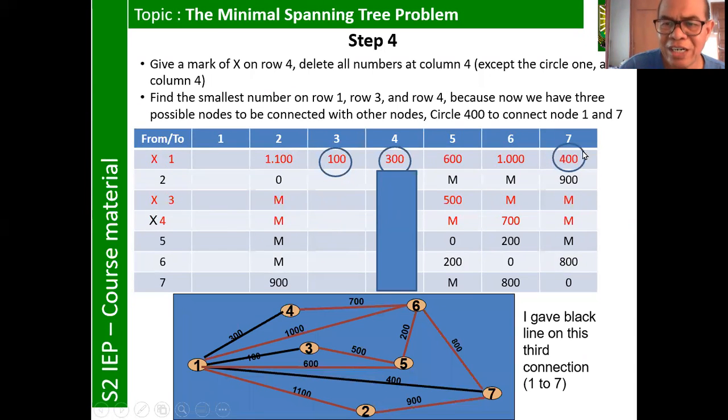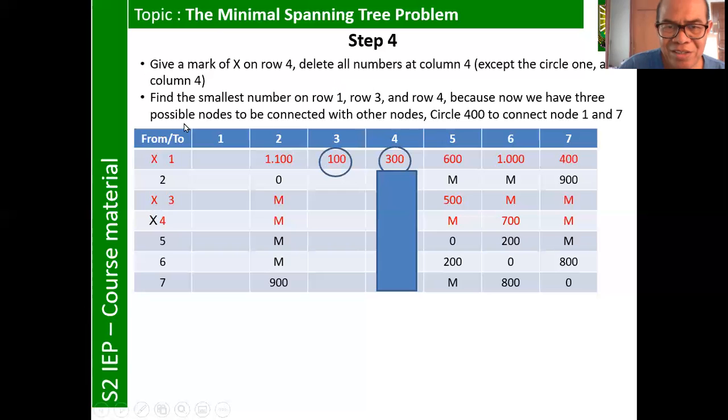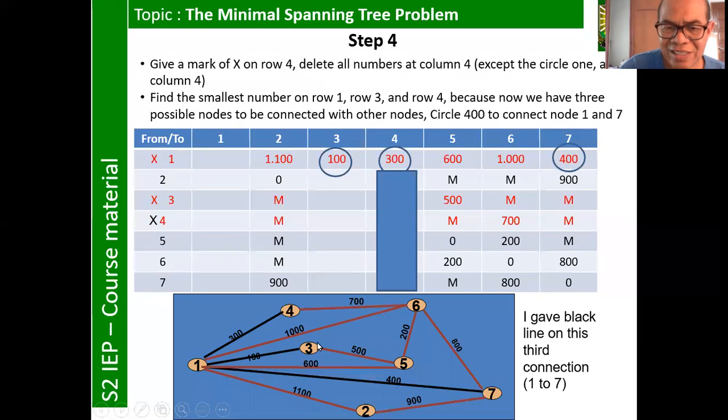Oh, sorry, 400 is the smallest amongst rows 1, 3, and 4. Then we connect 1 to 7, 400.